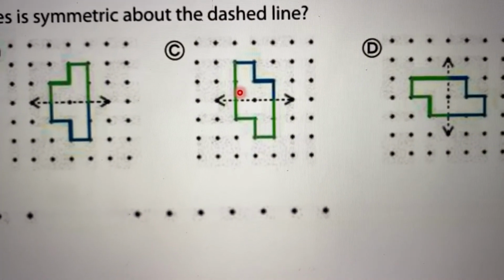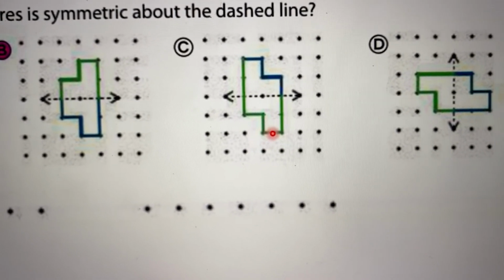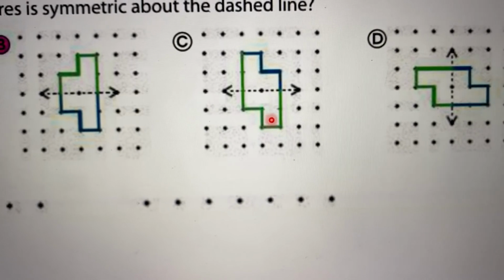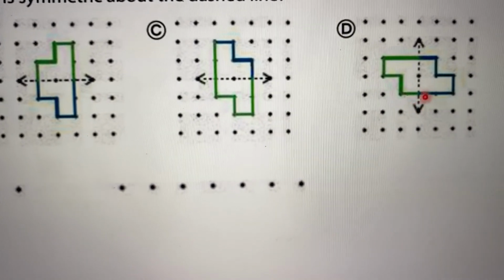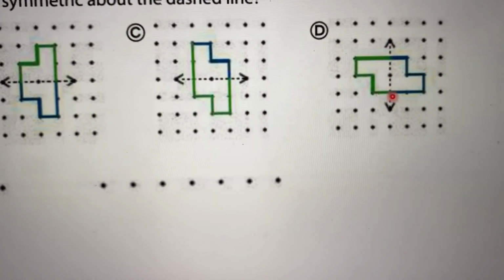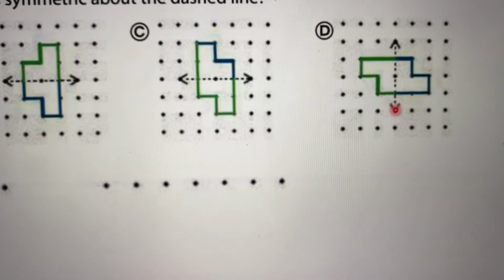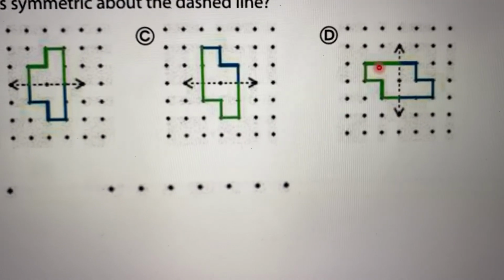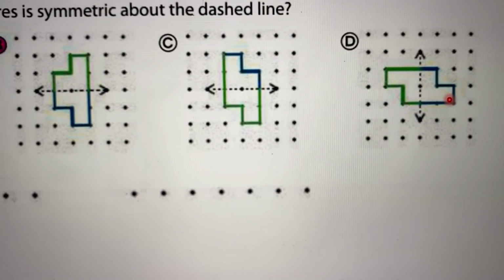Now let's look at C. C, no. Why? Because this part and this part will be out. If I imagine them, it's gonna come here and it's gonna be out. The same here. Imagine that you're folding this figure on this line. So you're gonna have these two parts out. So no, they are not matching.